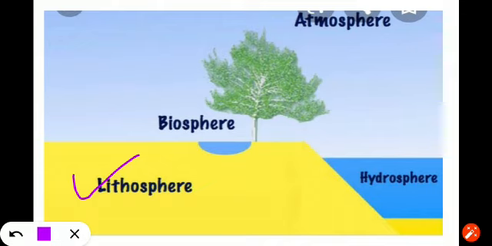Secondly, atmosphere. The thin layer of air that surrounds the earth is known as atmosphere. Then hydrosphere. Hydrosphere means water bodies. The domain of water is referred to as hydrosphere. And lastly, biosphere. That means the living world.